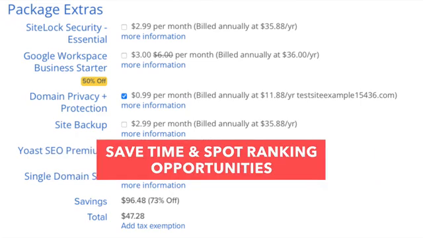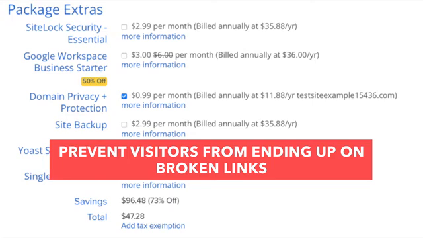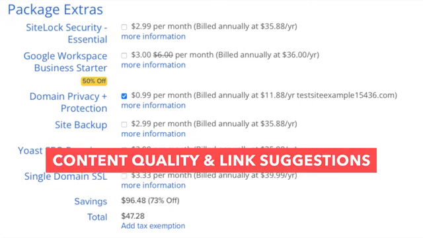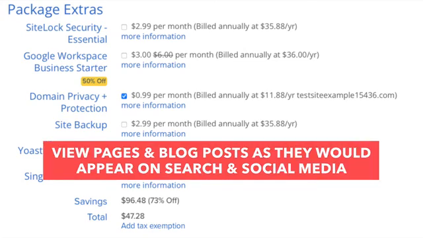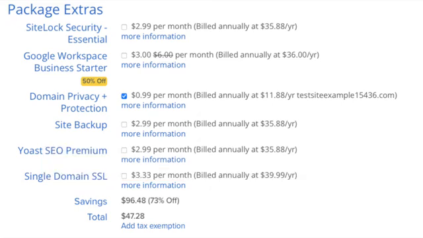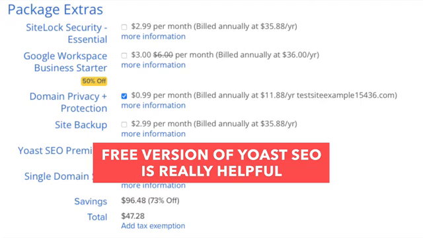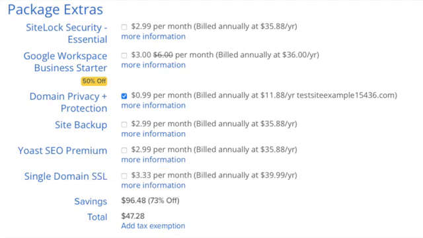It'll save time and spot ranking opportunities with Yoast SEO workouts, prevent your site visitors from ending up on dead links, content quality and link suggestions as you write your content. You can view your blog posts and pages as they would show on search engines and social media posts to help you optimize better. In my opinion, the Yoast SEO free version is all you need, as it is super helpful in guiding you to optimize your site for SEO.